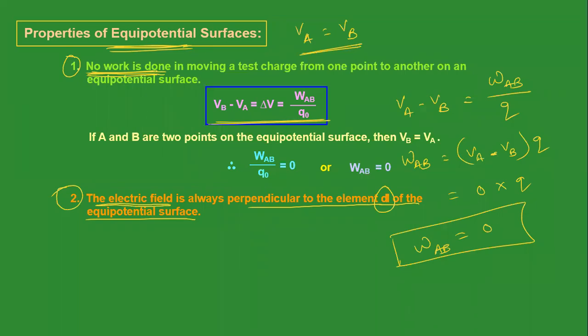We just learned concentric spheres, concentric circles, in which we showed the direction of the electric field. This is the direction of E, the electric intensity. Here this electric intensity is perpendicular to the length element of the equipotential surface. This is the length element, this is dl.